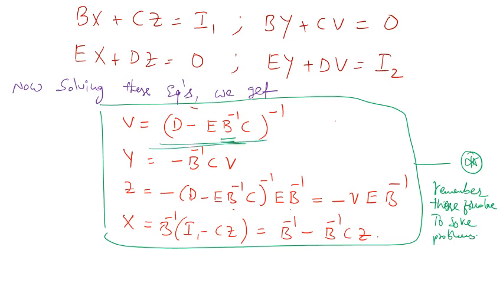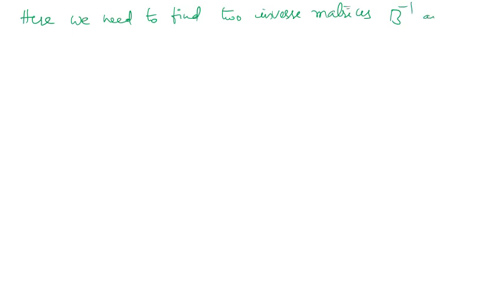So what are the requirements here? We need to find two inverse matrices: B inverse, and one more, (D minus E B inverse C) whole inverse.